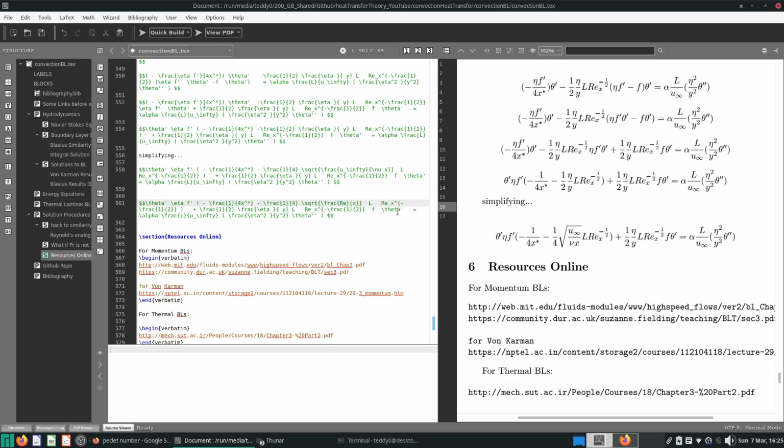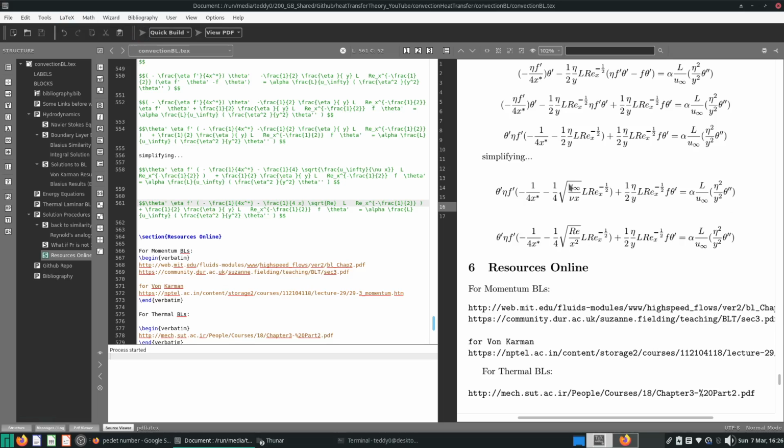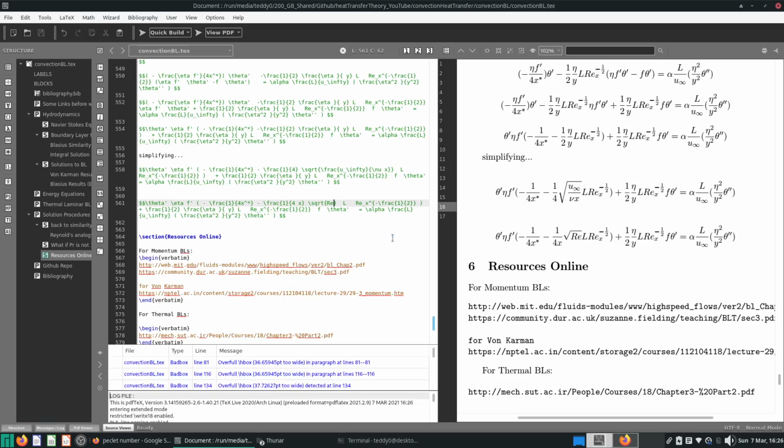And I can just put it over x squared. So I can bring x out. I can bring the x out, so I don't really need it in there. So I'm just dealing with this part. Let's put Re_x just to be clear.